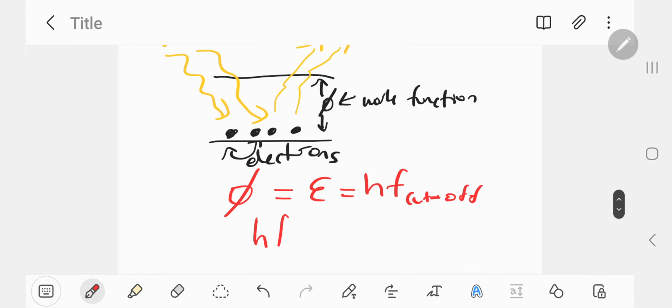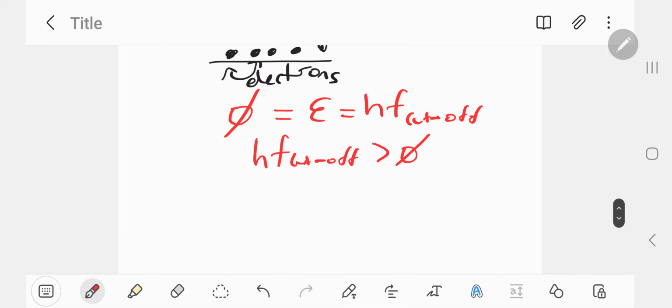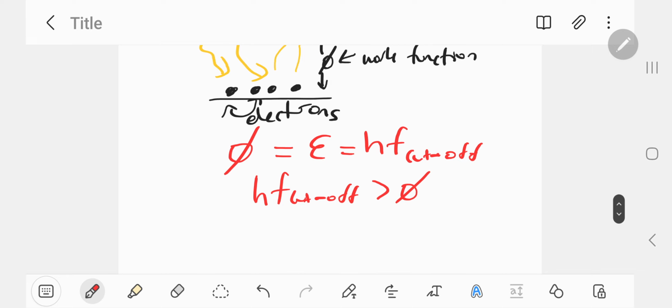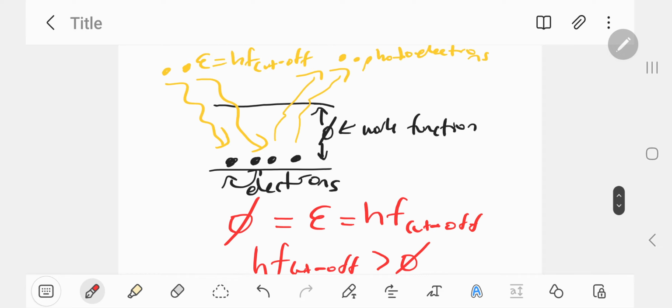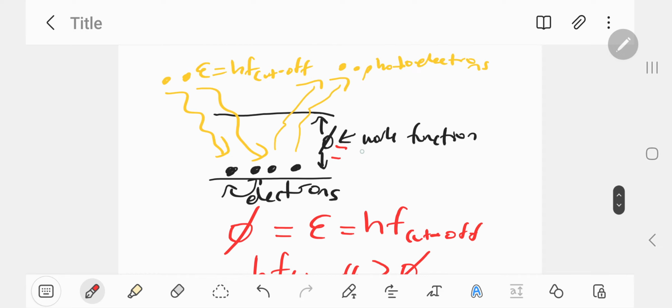So if hf cutoff is greater than the work function phi, the photoelectrons will have kinetic energy. If it matches, you'll get a photoelectron released, but it won't have any kinetic energy.